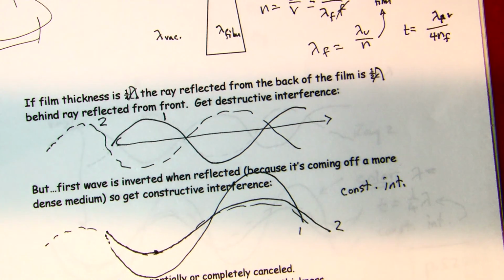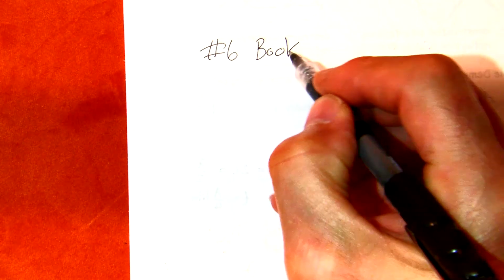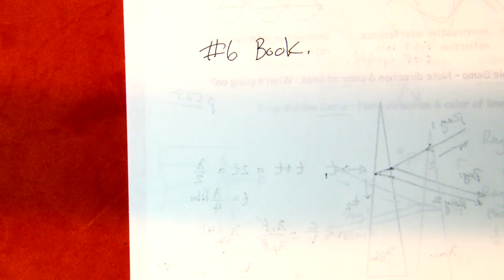Okay, I want to do a quick sample problem for you. And that's going to be number 6 from the book, just so you have this for a kind of reference. This is a glass lens that has a non-reflective coating.